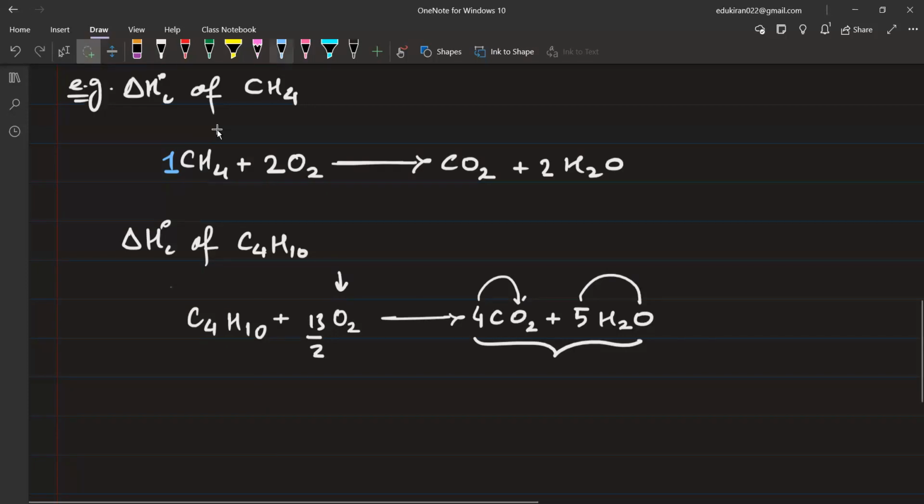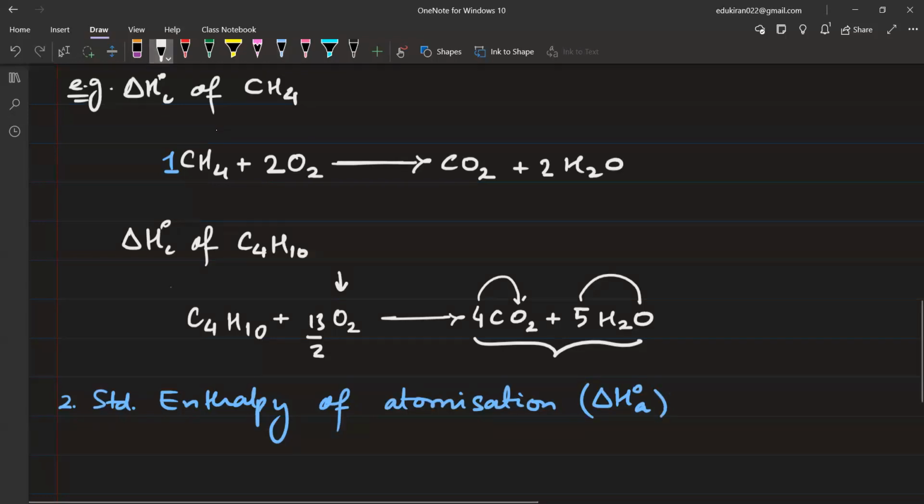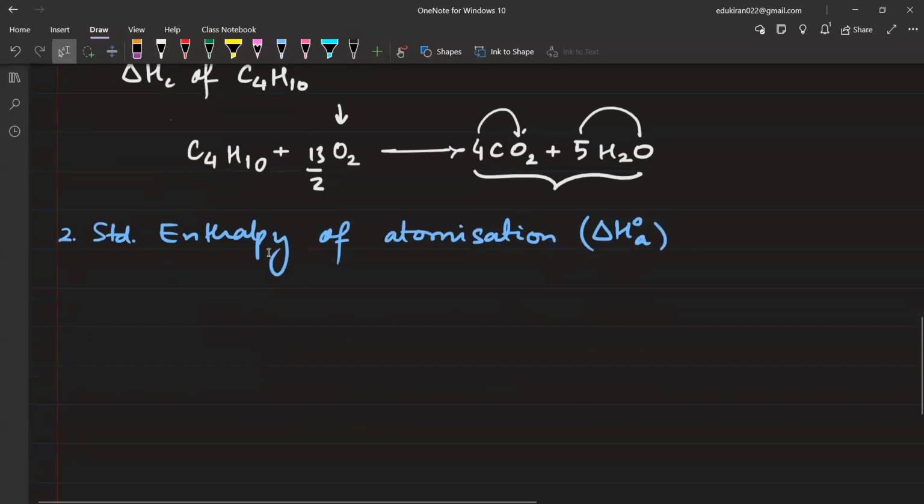Standard enthalpy of atomization is written as delta H naught A. Please write the definition.